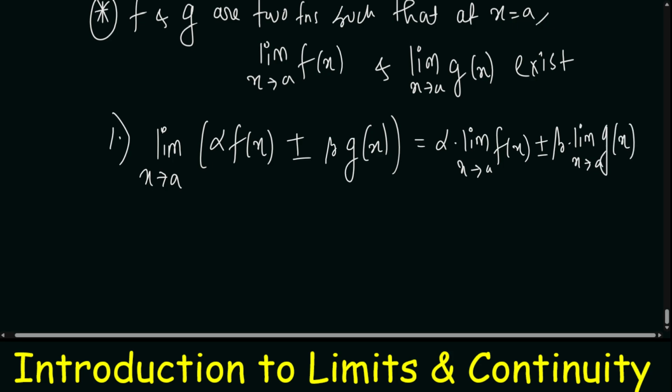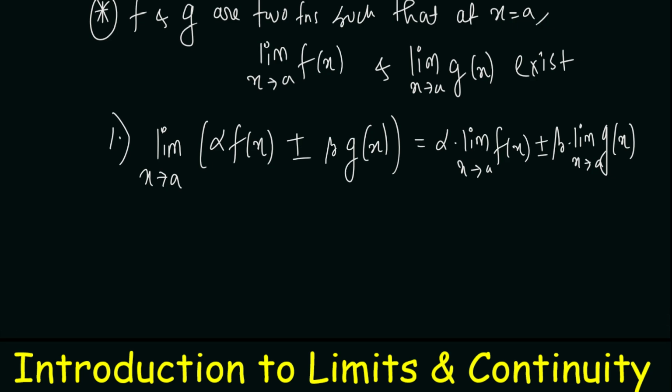This is the first property we have, the linearity property: if f of x and g of x are both continuous at a, then any linear combination of them will also be continuous at a.